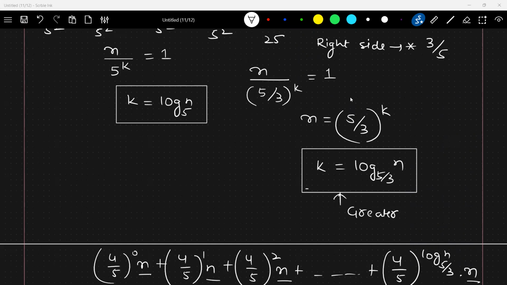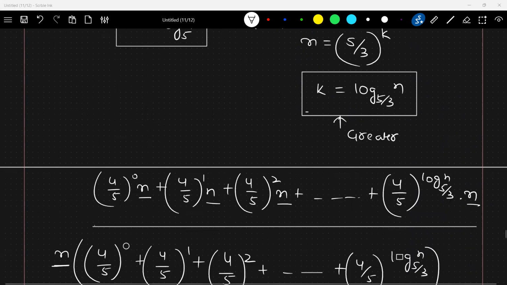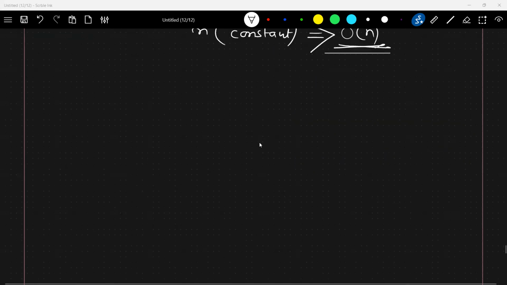Okay, so if someone wants to practice more problems, you can easily find these kinds of problems on the internet as well. You can explore more resources. These are the kind of questions which are very vastly asked in the GATE exam.